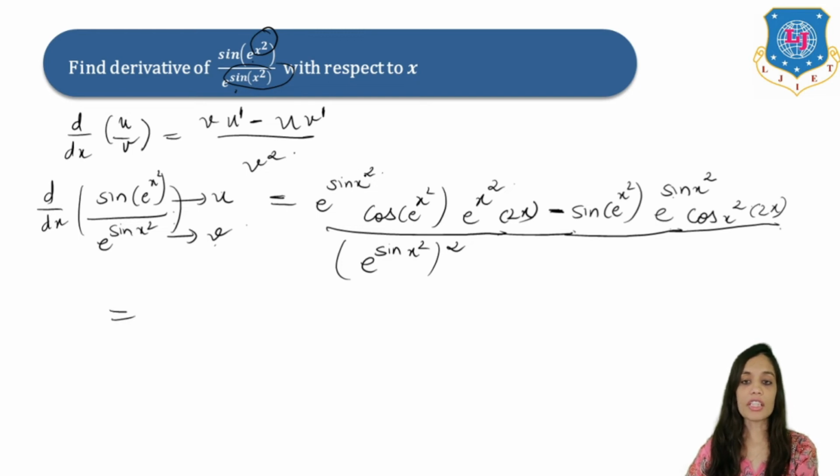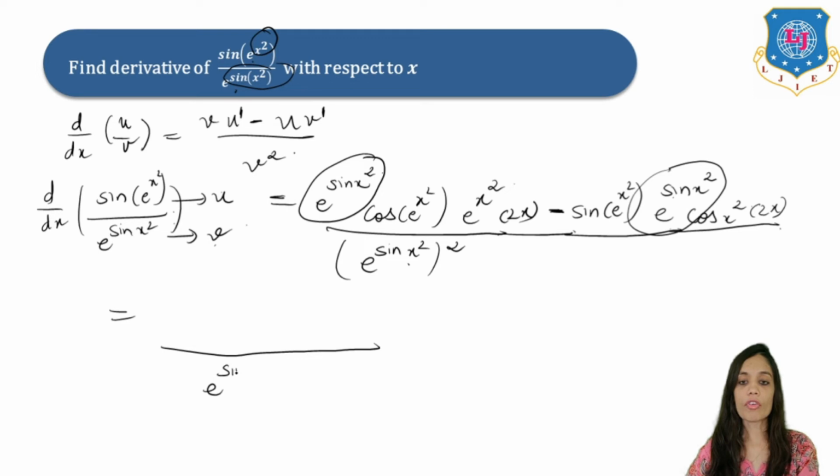You can see e raised to this sine x square, we can take out common and 1 will get cancelled out. So in the denominator, what will remain? 1 e raised to sine x square. Right? And from here, what will remain? We can take out 2x also common. And from this, we will get e raised to x square cos e raised to x square.